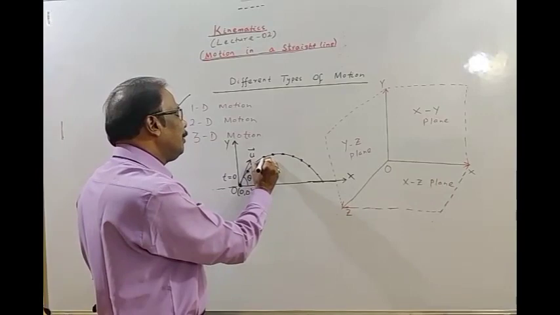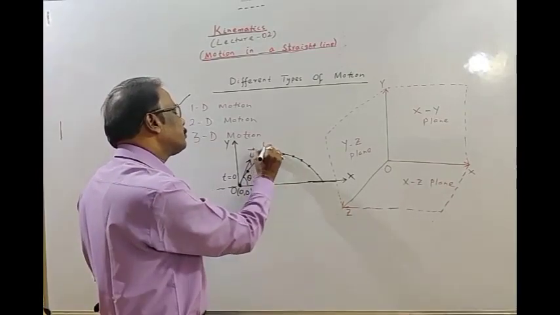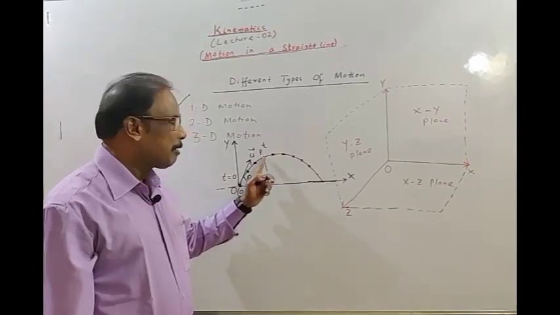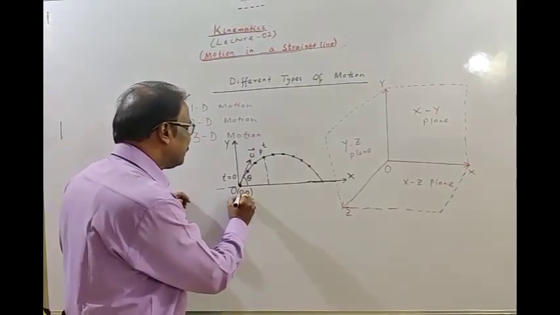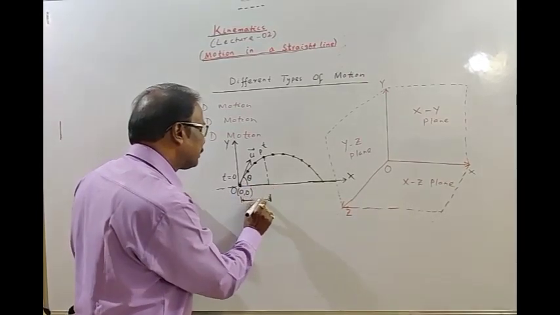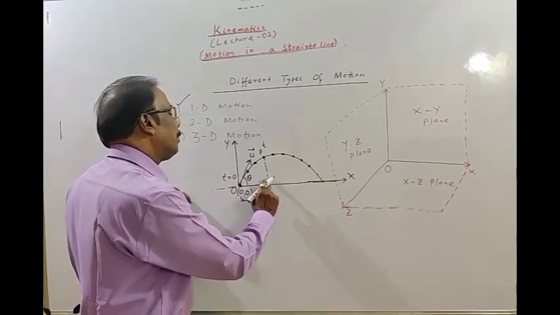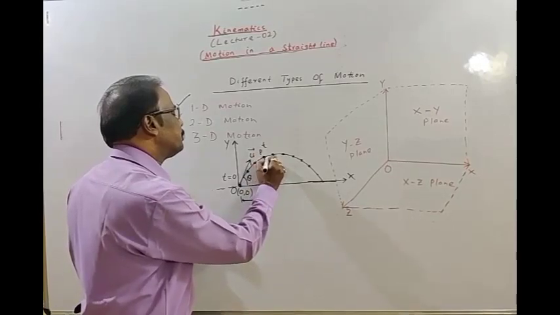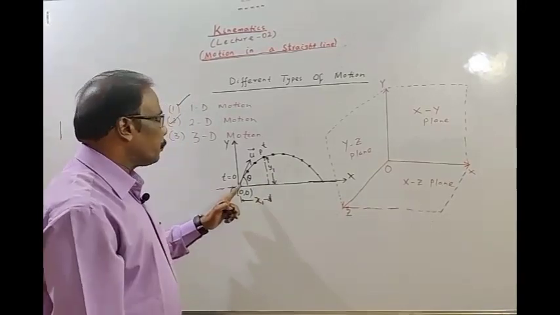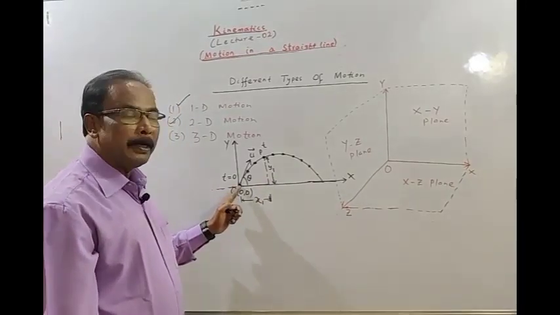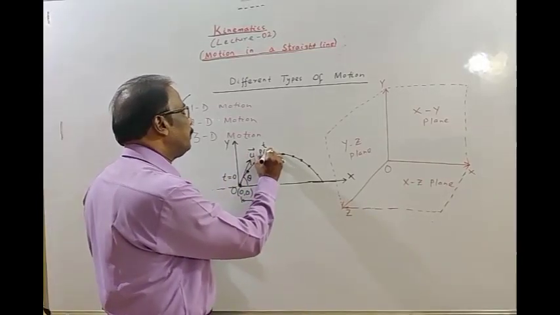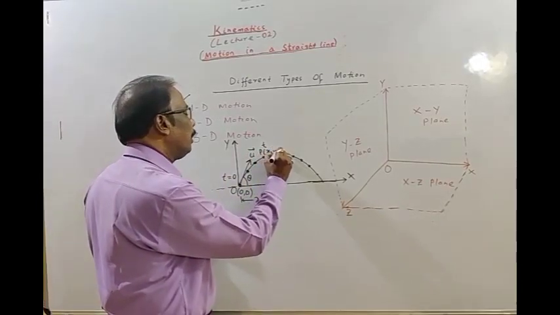Let at any instant, time t, the body reach point P. To reach point P, the body has covered this much distance along the x-axis, let this distance be x1, and this much distance along the y-axis, let this be y1. Since the coordinates of the origin are 0, 0, the coordinates of point P are x1, y1.